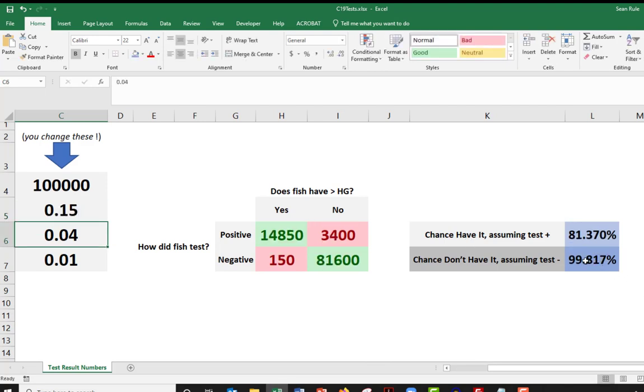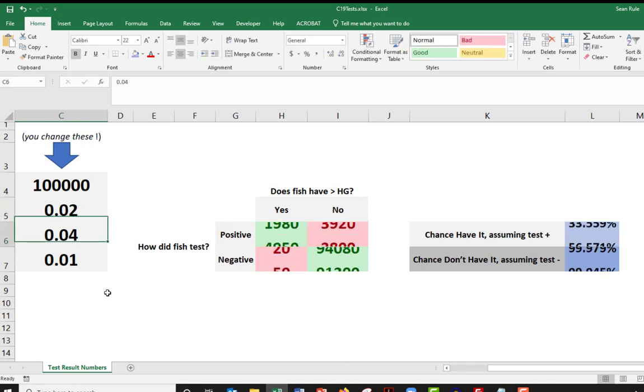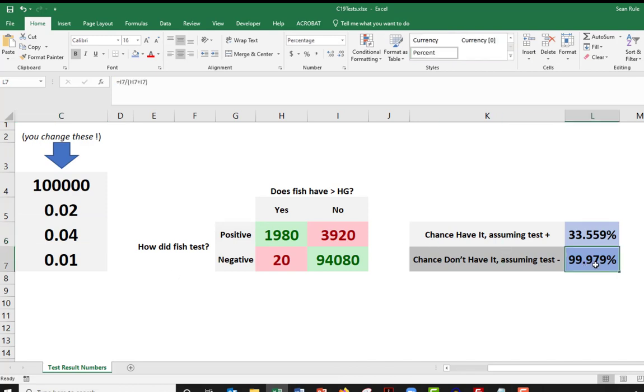And that should make sense, hopefully, because this number keeps going down because the number of fish that are sick in the lake is going down. So, you know, you go to 10%, you go to 5%, you go to 2%. This chance is getting closer and closer to 100%.